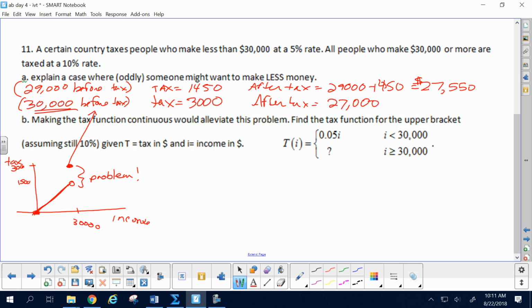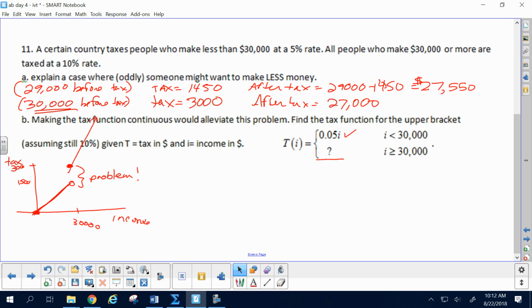We're going to keep the 5% tax structure for the poorer people, all right? So the variables here are income and tax depends on income, so tax is a function of income. That we're going to keep. We need to change the 10% structure so we get continuity. Now, I want to keep the 10%. Let's stick it to those rich people, all right?